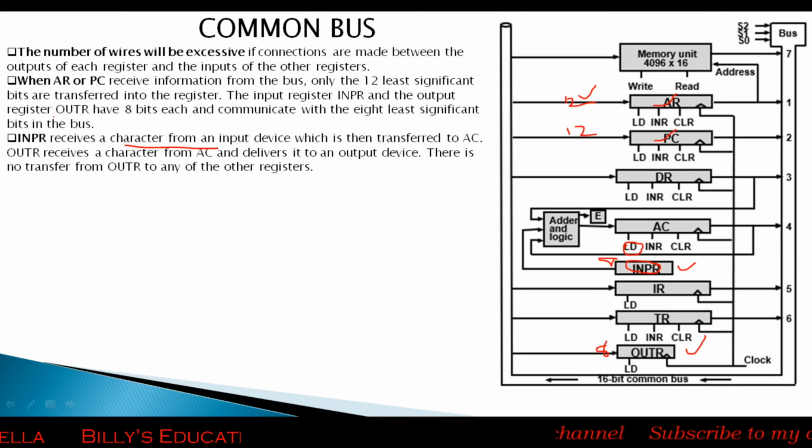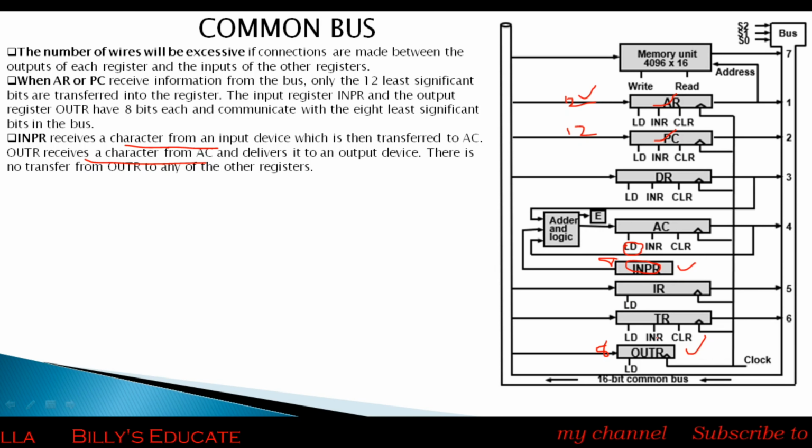The output register receives a character from the accumulator and delivers it to an output device. The data from the accumulator is sent to the common bus, and the data is transferred to the output register from this common bus system.